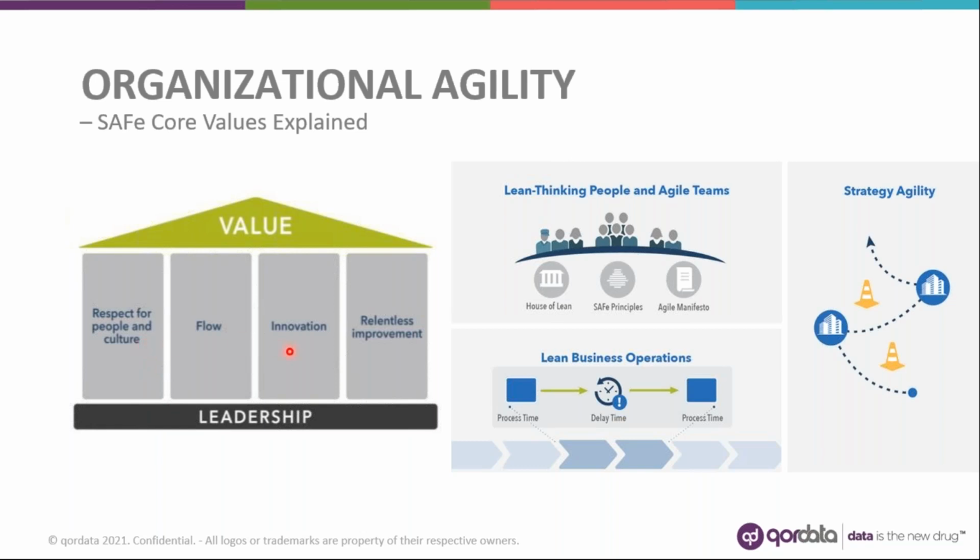So 4 of the core items that can be instilled in any organization are respect for people and culture, the transparent flow of information, and the need for innovation so that people can grow, think aloud, implement their ideas, and create value for the organization. And simultaneously, relentless improvement brings more value to the organization if implemented in the correct way.